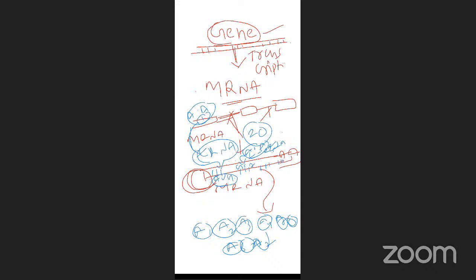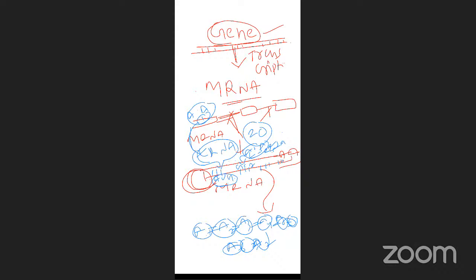One amino acid bonds with another through a peptide bond. How many peptide bonds are here? Between each and every amino acid, one peptide bond is present. Here there are more than one: 1, 2, 3, 4, 5, 6.